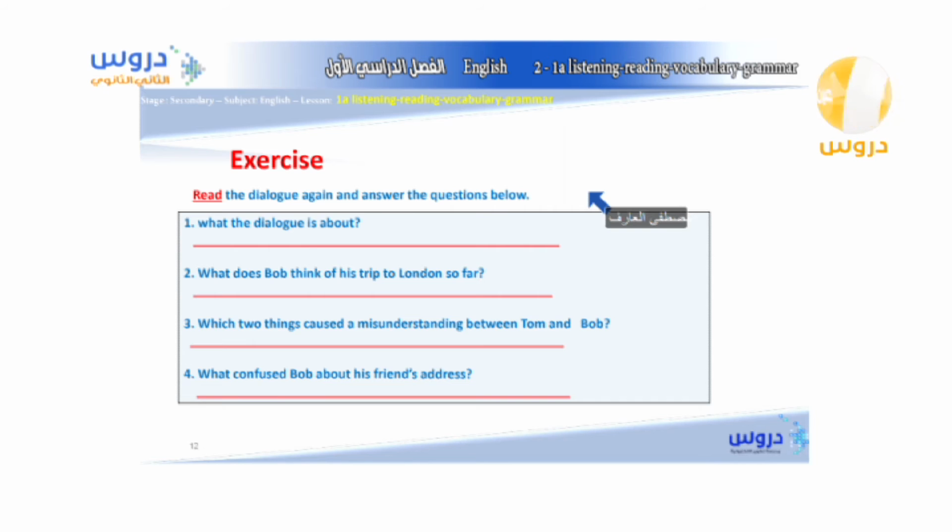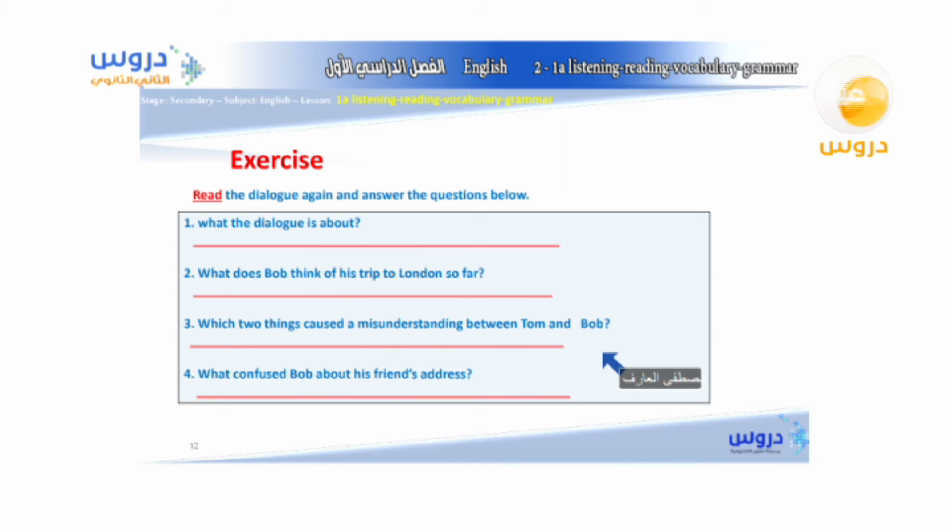So the first question is about a man coming from the United States to visit his friend in London, and he was asking for directions. 2. What does Bob think of his trip to London so far? So Bob, he likes it, yes, and he said it was awesome.